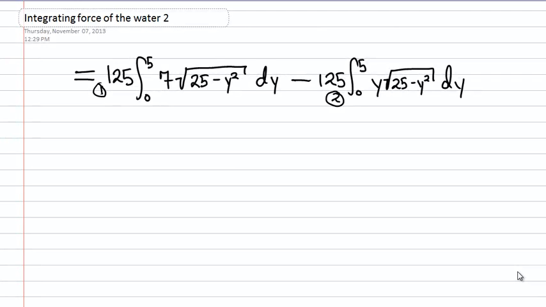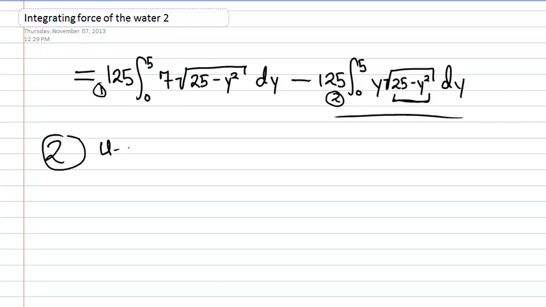So you thought you got away, but don't forget that we have this second integral to deal with. So let's deal with it right now. As you can see, it's a lot easier. I want you to recognize that you have 25 minus y squared on the inside, and on the outside you have a y.